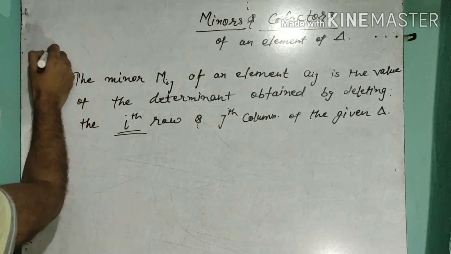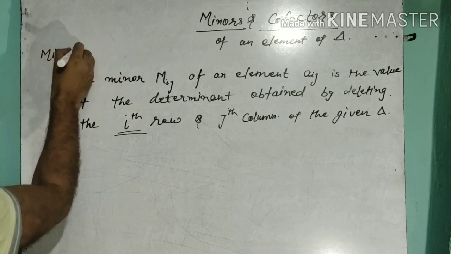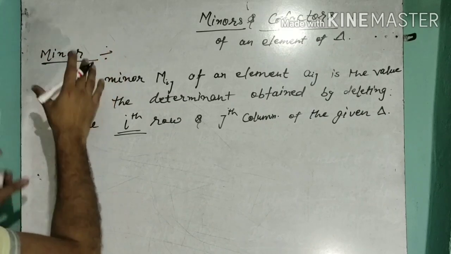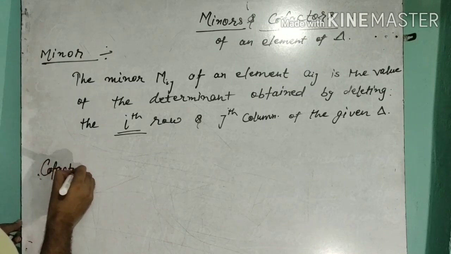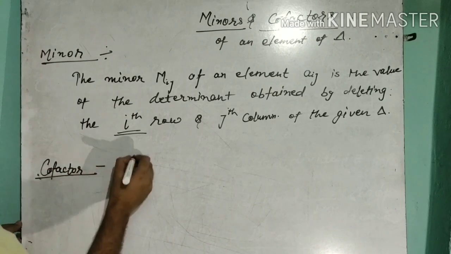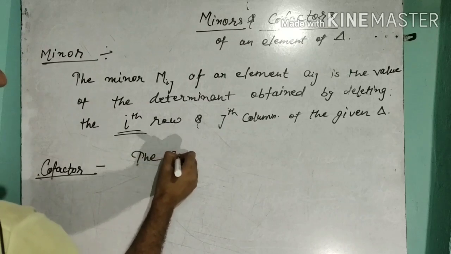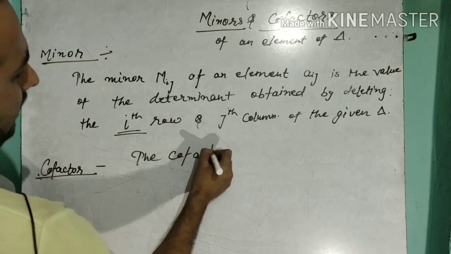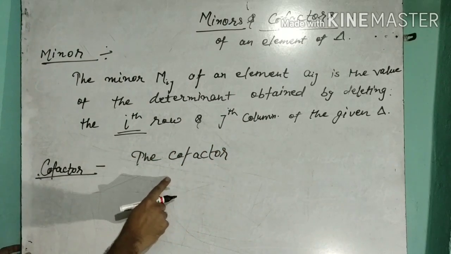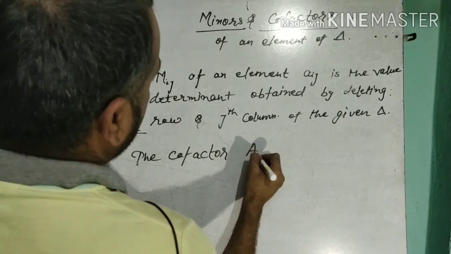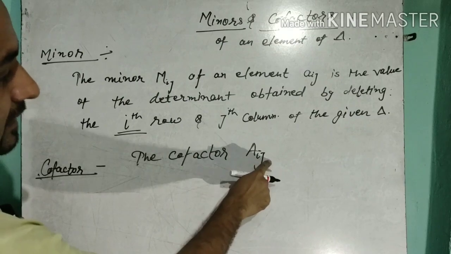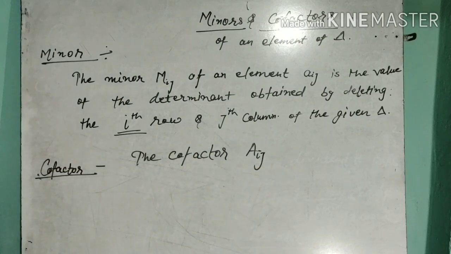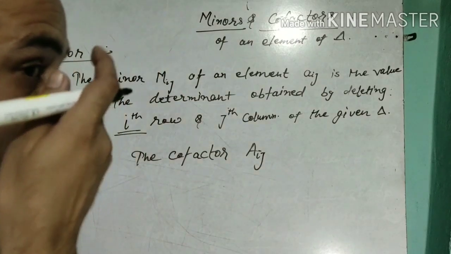Now this is the perfect definition. And the cofactors. Now write down the cofactor Aij. It's a capital A, with i and j in suffix form, where i is for rows and j is for the column.